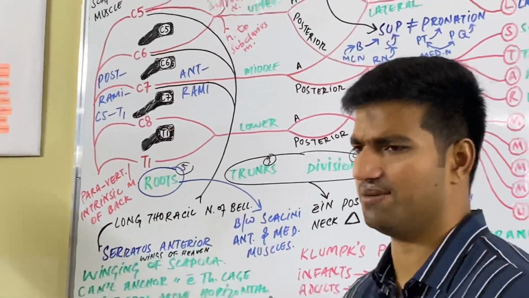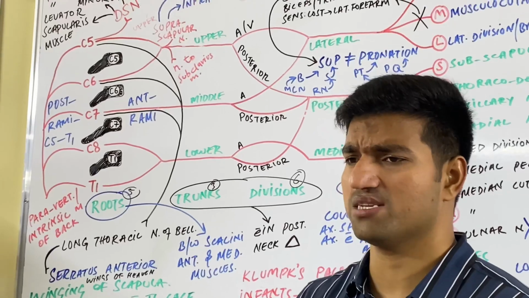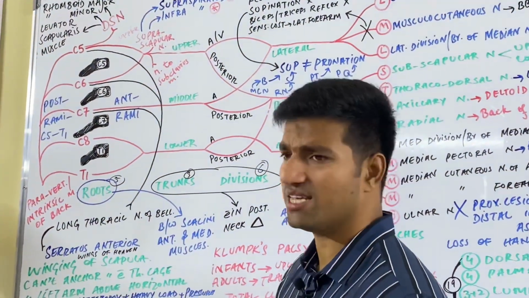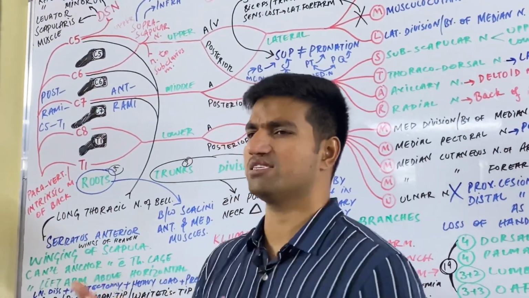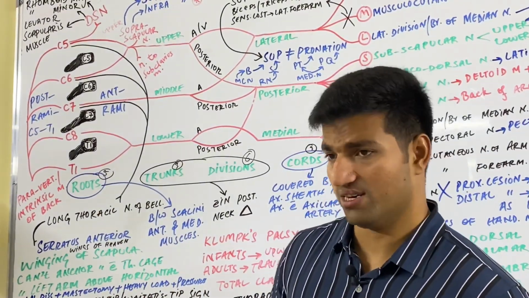That's a little exception, because in cervical vertebrae we say all the spinal nerves pass above their respective vertebrae, but below C7 all the spinal nerves, like thoracic nerves or lumbar nerves, pass below their respective vertebrae.